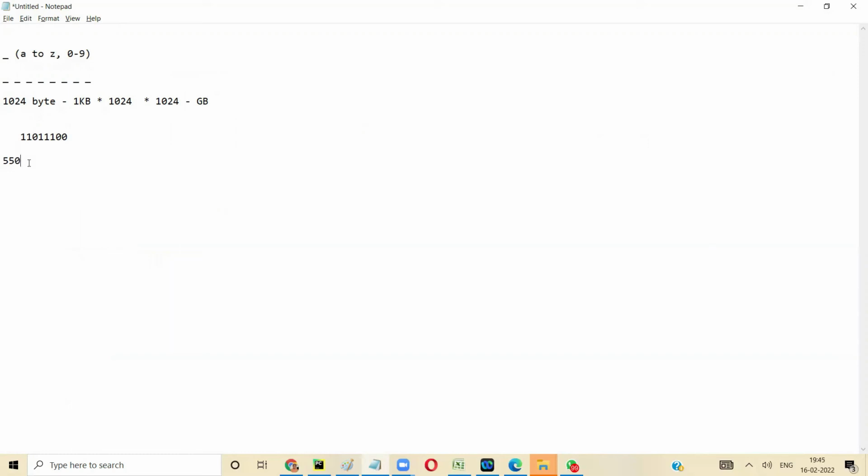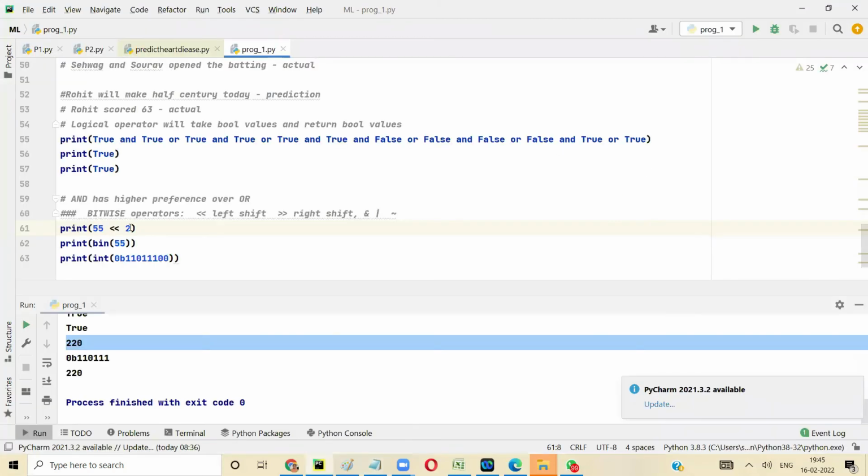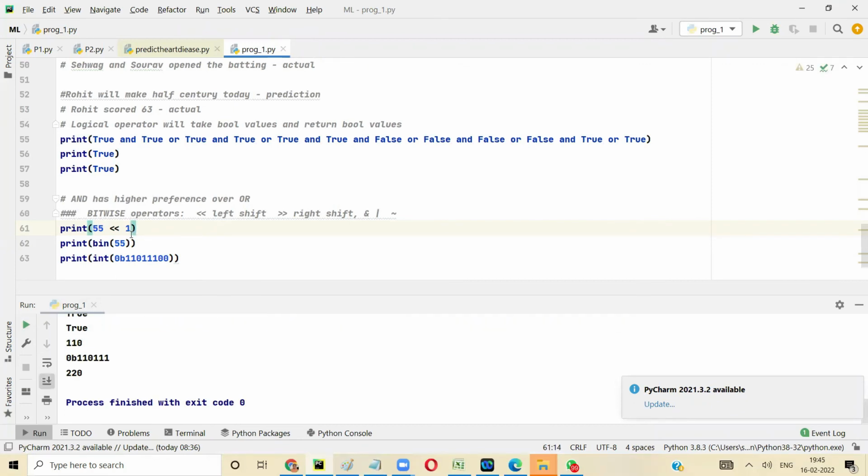In the binary system, when you move to the left, it gets multiplied by 2. So if I say 55 left shift 1, it will be 110. With 2, 110 into 2 is 220. With 3, 220 into 2 is 440. So left shift multiplies the values by 2.